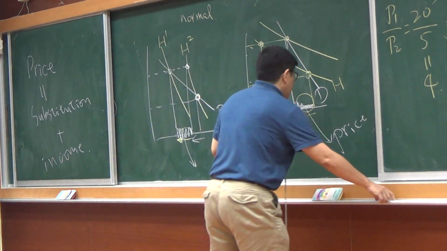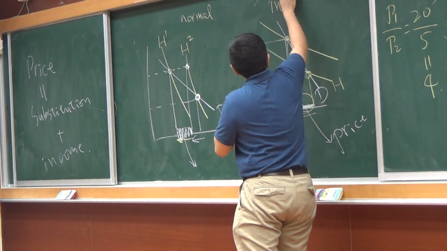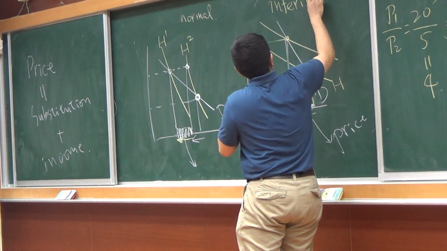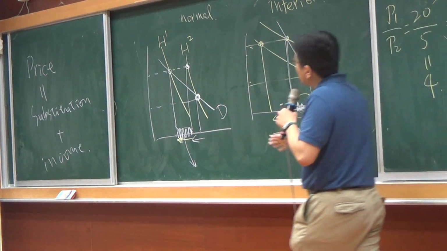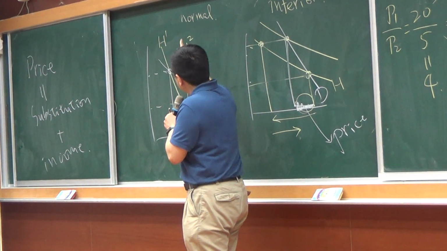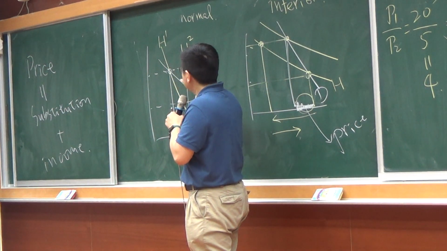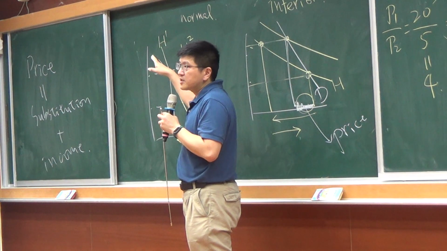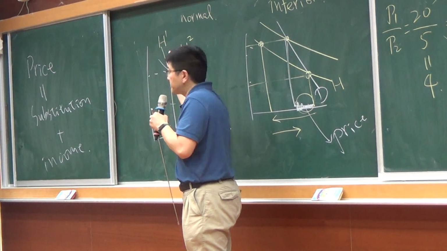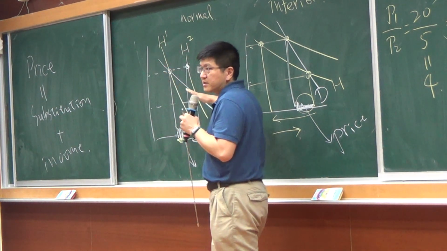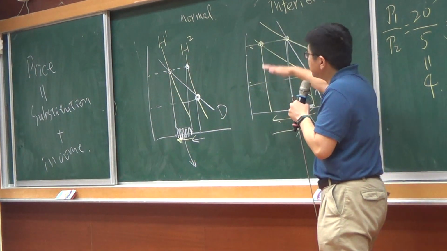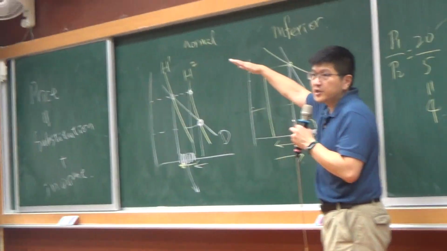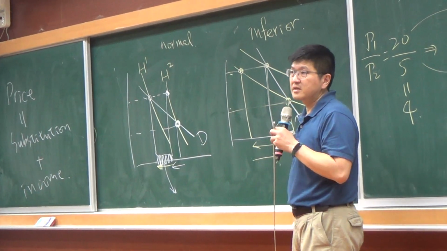So this case is an inferior good. So for a normal good, the Hicksian demand curve would be steeper than the Marshallian, and the Marshallian would be flatter. However, here the Marshallian would be steeper and the Hicksian would be flatter.